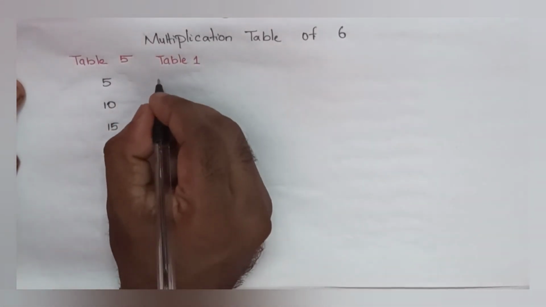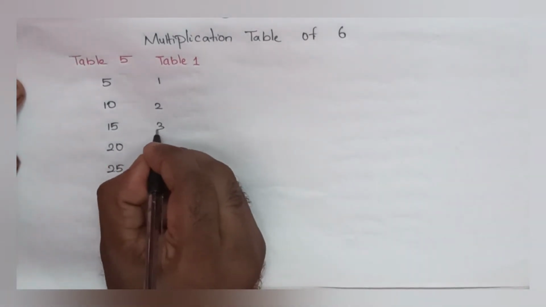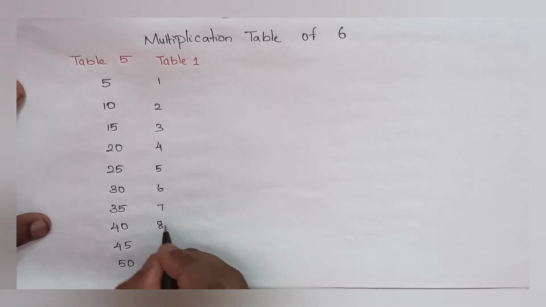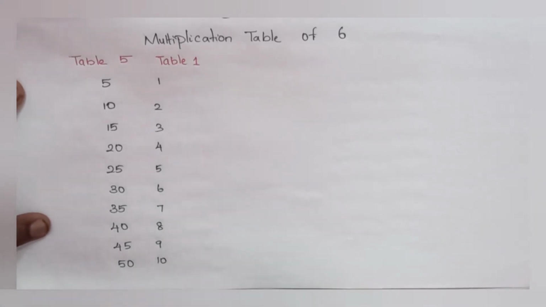Okay. Now you have to mention the table 1. You have to write like this: 1 2 3 4 5 6 7 8 9 10.